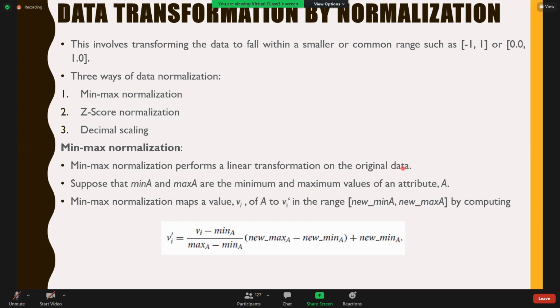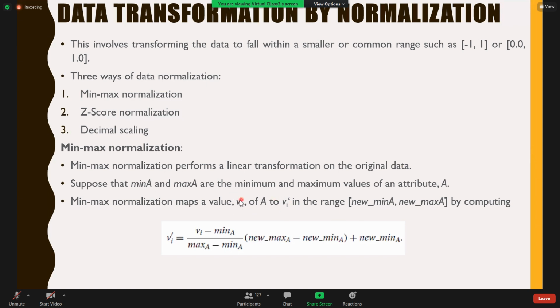If you have a set of data points for numerical attributes, surely we'll have the minimum and maximum values, right? These are the minimum and maximum values of an attribute A. We'll consider the minimum and maximum. And next, we will transform each value Vi into another form Vi dash.